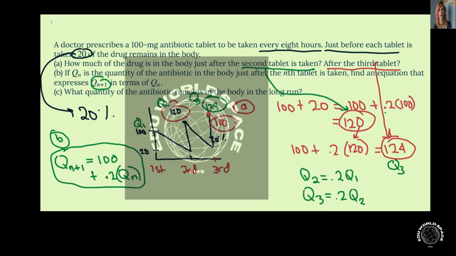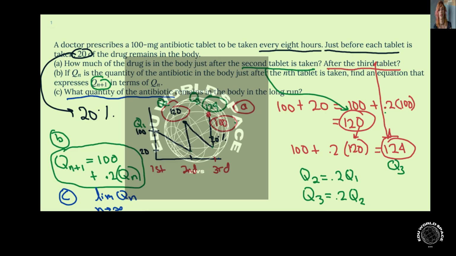And let's see if we could throw that part C on the same page here. So I'm going to squeeze that in. What quantity of the antibiotic remains in the body in the long run? Basically, we want to know what's the limit of Qn. If you continue to take these tablets every 8 hours, what's your Qn going to approach?